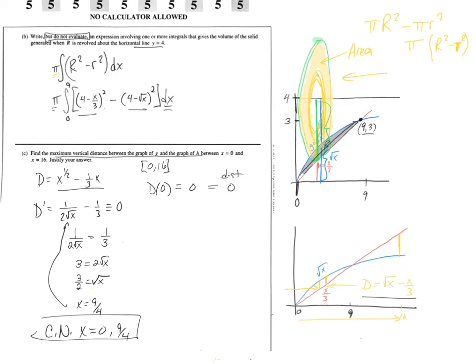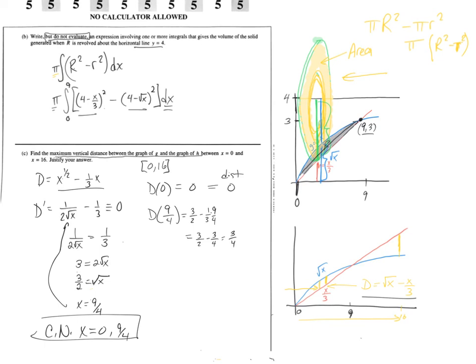Now, let's check 9/4. d of 9/4 is the square root of 9/4, which is 3/2, minus 1/3 of 9/4. That's 3/2 minus 3/4, which is 6/4 minus 3/4, which is 3/4, I think.